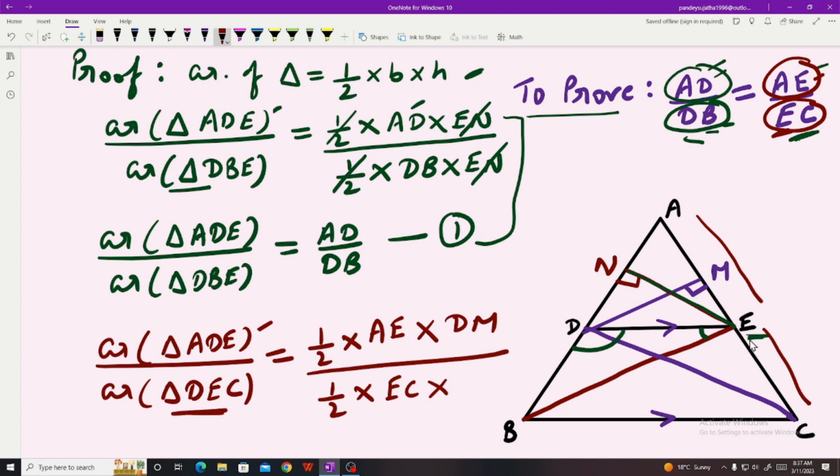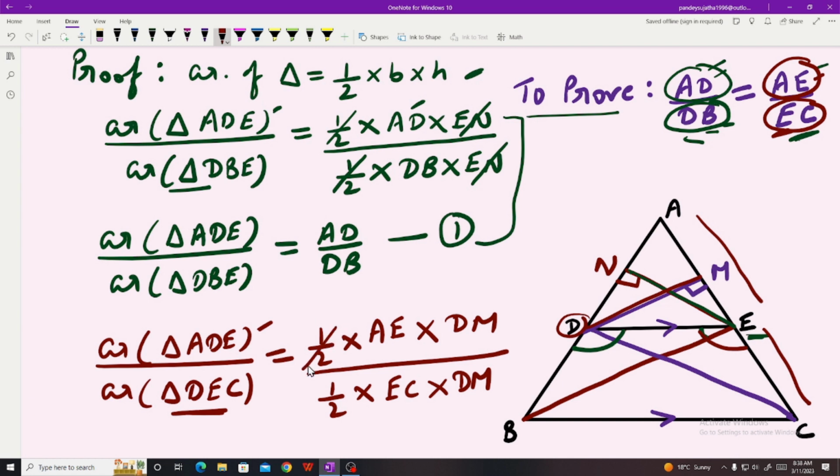Again, this triangle DEC is an obtuse angle triangle. So here the height will be the perpendicular drawn from the vertex which is opposite to the base. So this will be the height, that is DM. So for this EC, the corresponding height is DM.